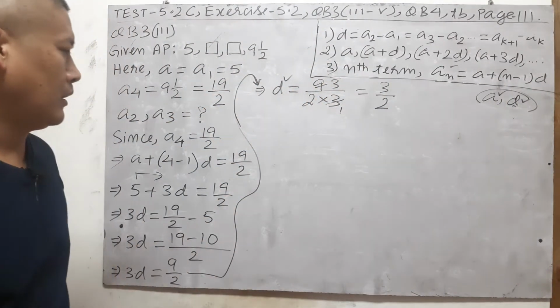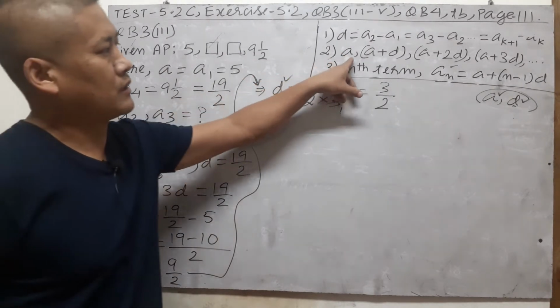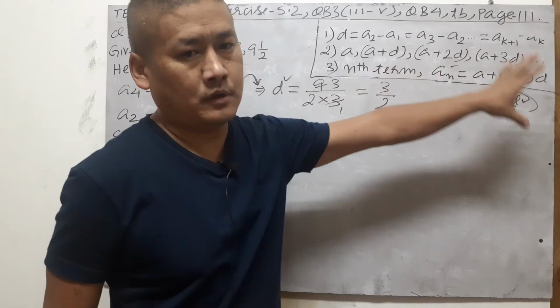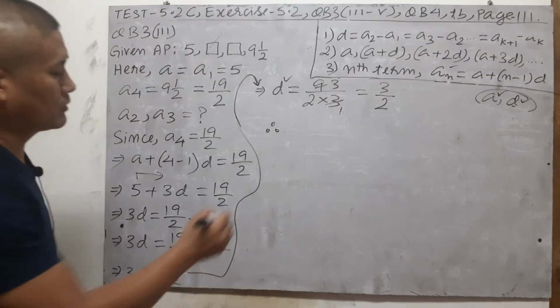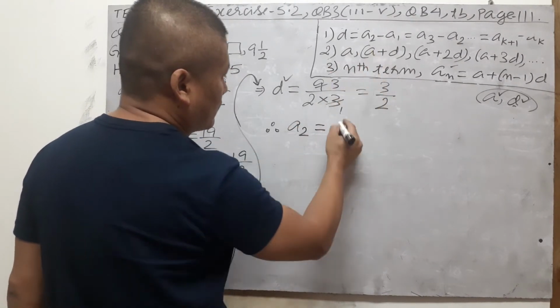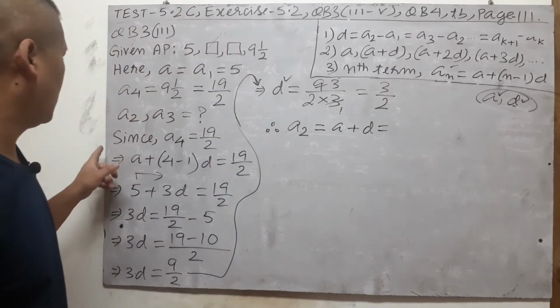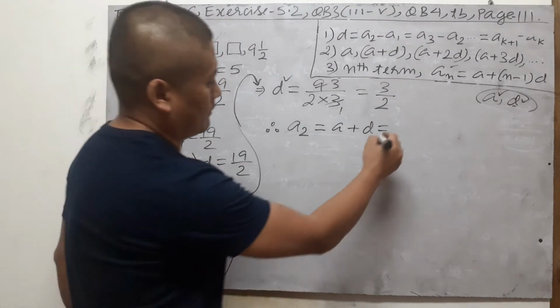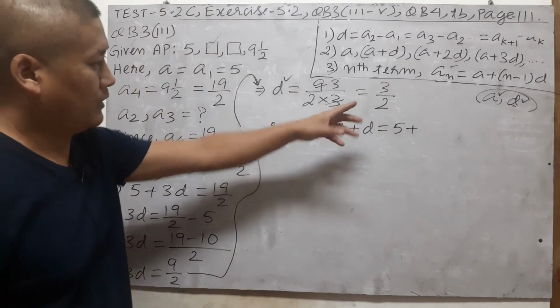If we know A and D, we can easily find the missing terms, because the missing term formula has only A and D involved. So the missing terms here are A2 and A3. A2 is A plus D. So here A is 5 plus D is 3 by 2.